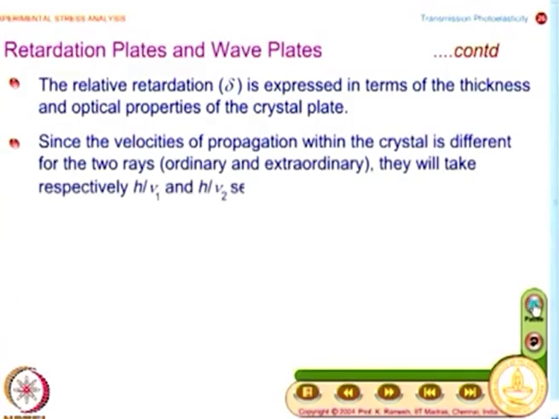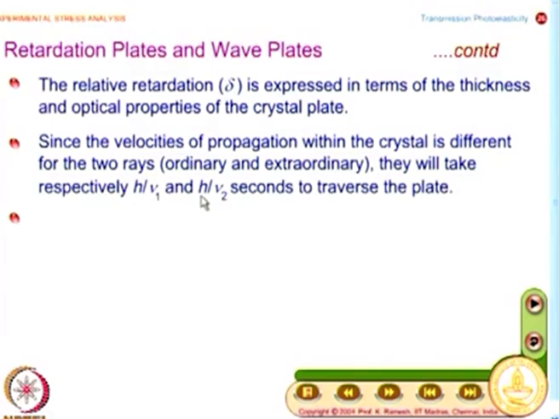So, what you find here is that the velocities of propagation within the crystal are different for the two rays. They will take respectively h by V1 and h by V2 seconds to traverse the plate, and we take h as the thickness of the plate.